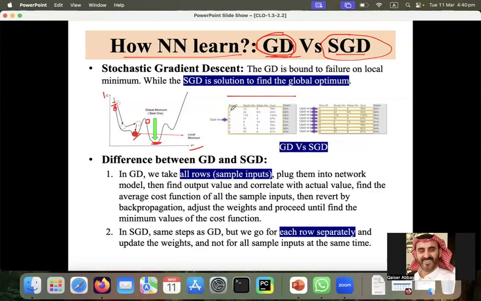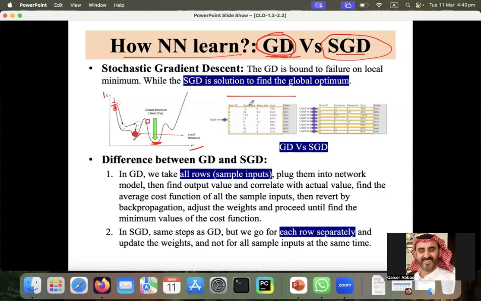Just remember logistic regression. It considers one row's cost plus the second plus third plus fourth, and then divides by the total. It calculates the average, if you remember, because we used gradient descent there. So here it will calculate the average.